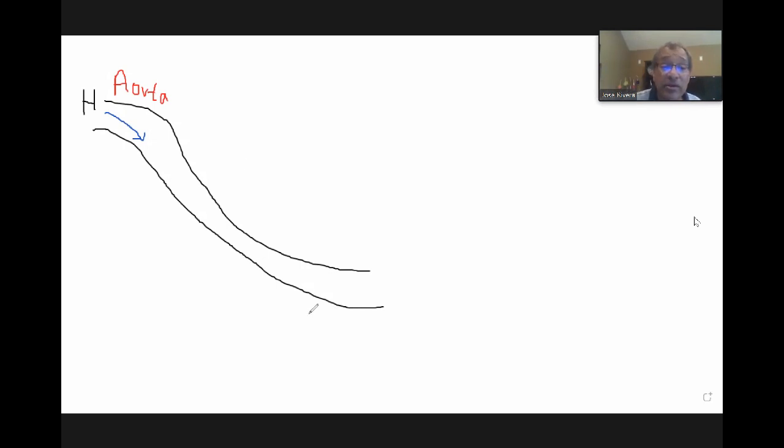So down here, just pretend these are the lower extremities, and there are small arteries coming out of here. But let's just say, for simplicity, that it's only one vessel.